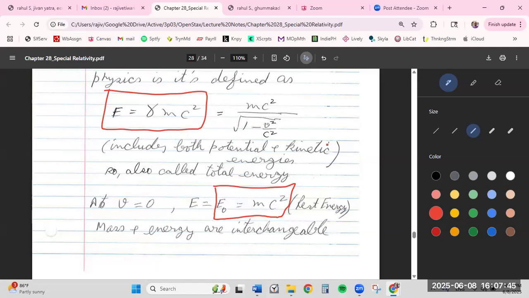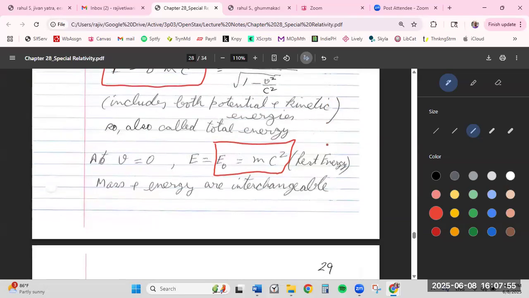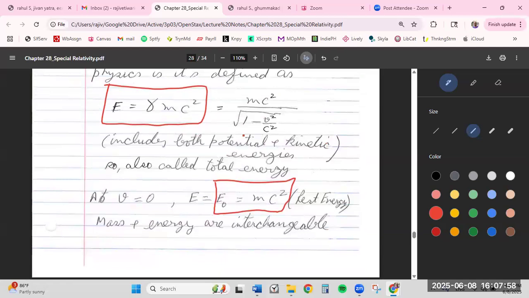And that's the famous equation that came from Einstein and has made it into popular culture, popular language, and popular imagination. So this is called the rest energy. It's the total energy of an object at rest.